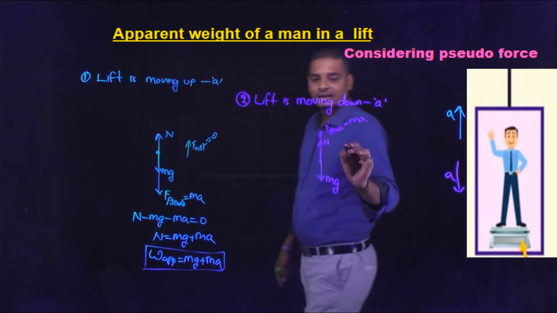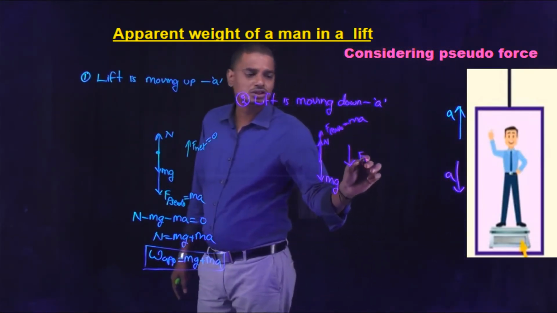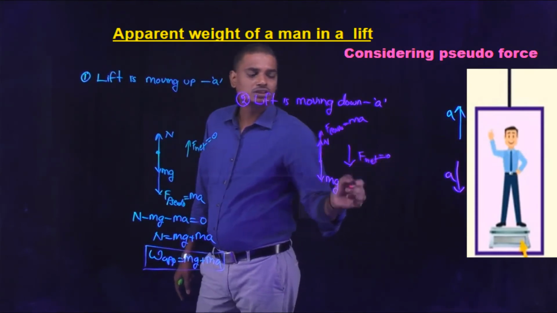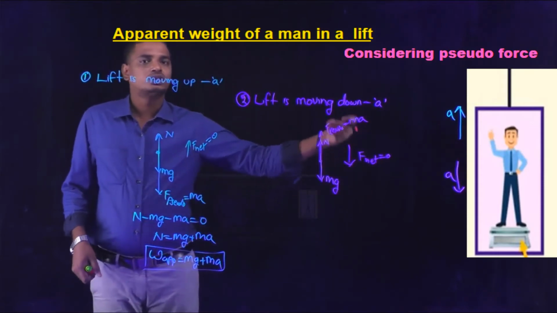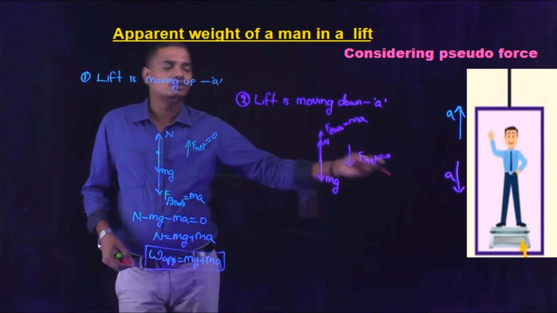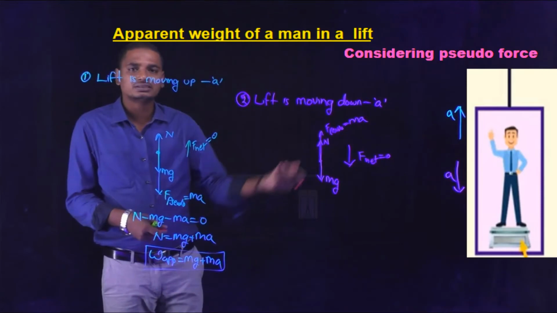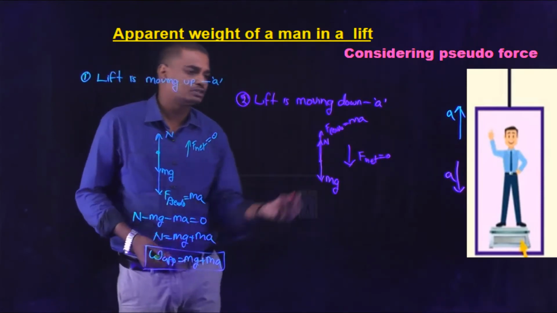And the net force acting on the body is 0, as the total lift is moving down, but with respect to the frame of reference that we have considered inside the lift, the person is at rest. So there is no net force acting on the body.